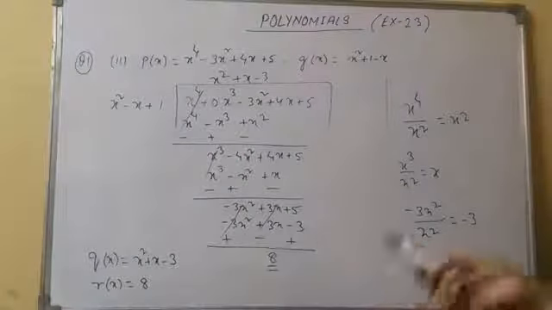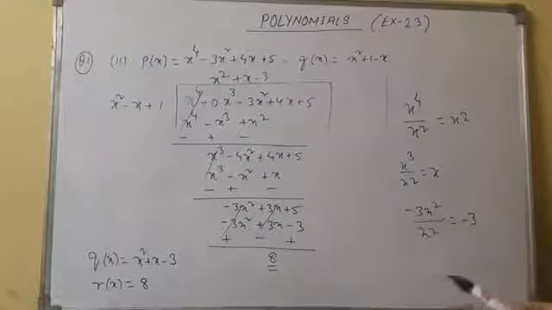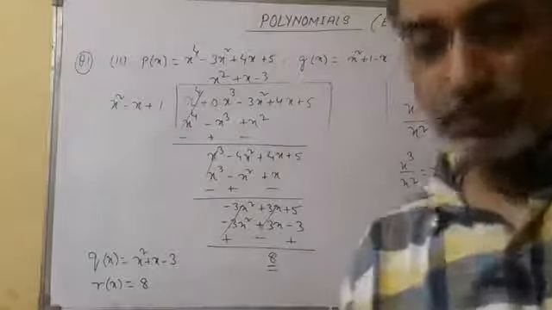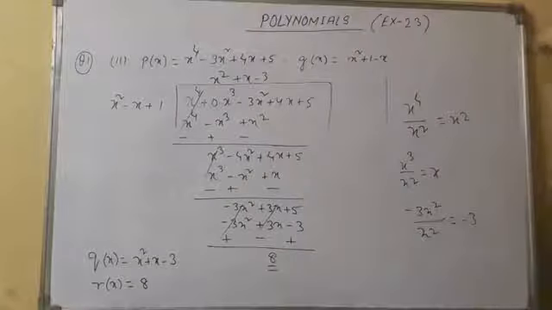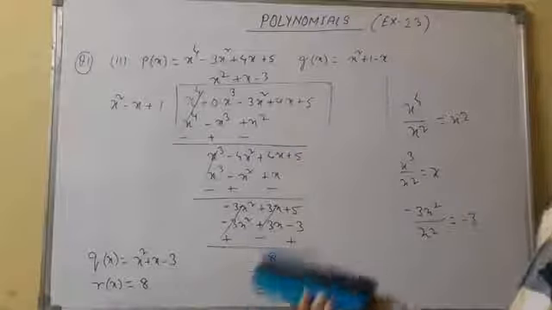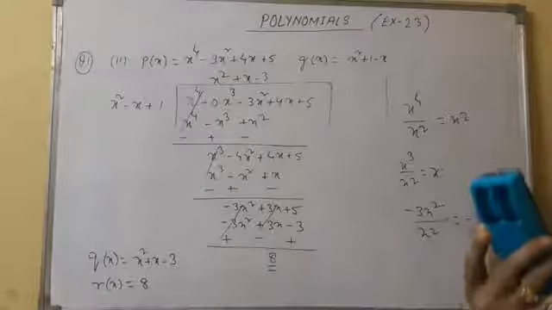Qx is x square plus x minus 3 and Rx is equal to 8. So note this down, then we will move on to the next question. So in this way you can do the other parts.